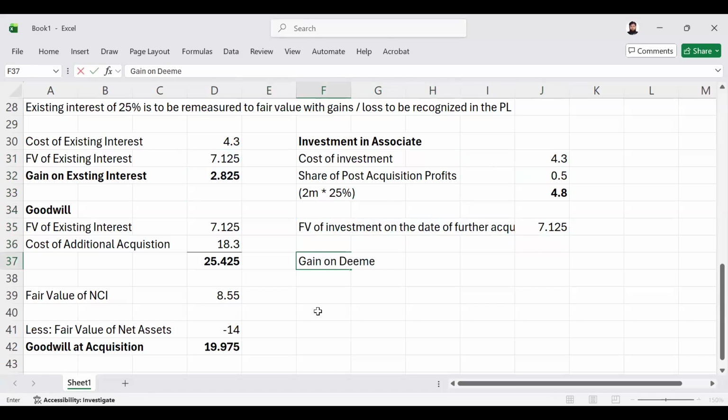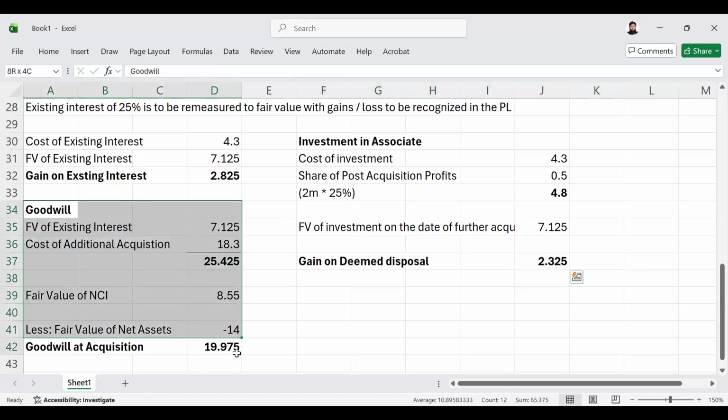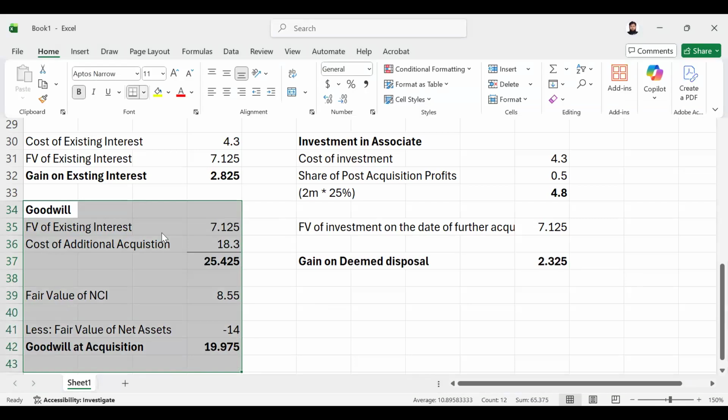Gain on deemed disposal is this minus this. So anyway, we know what the goodwill is going to be.